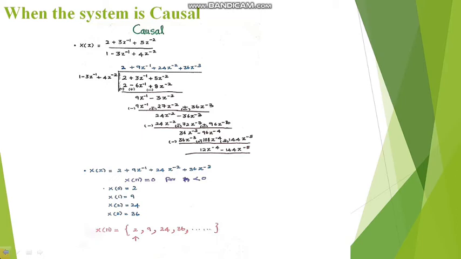The combined view of x of n is 2, 9, 24, 36, and so on. This is the solution to the given problem, and 0 starts at 2. Then the problem and solution for the non-causal system will be explained by Nitin. Thank you very much.